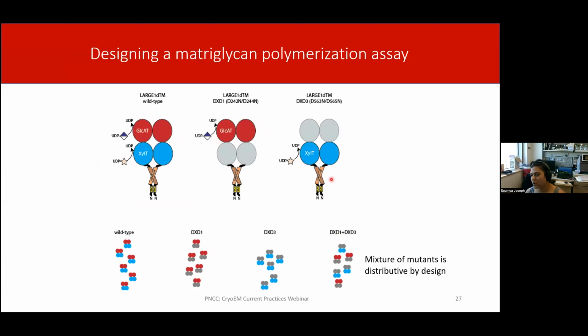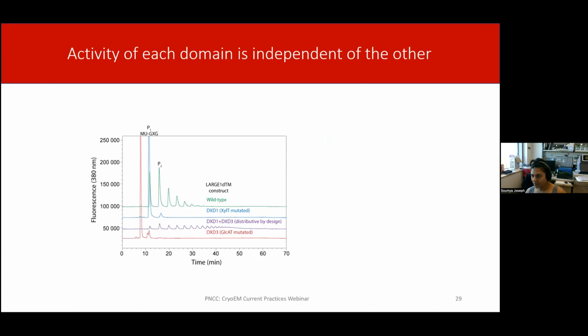So this is DXD1 and DXD3, and we will know what the product looks like when we add these two together. But we don't know what the wild type would look like, right? So when we compare the purely distributively synthesized product and the product made by wild type protein, we might be able to distinguish the mechanism.